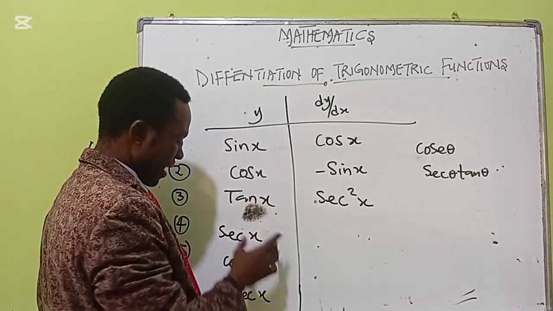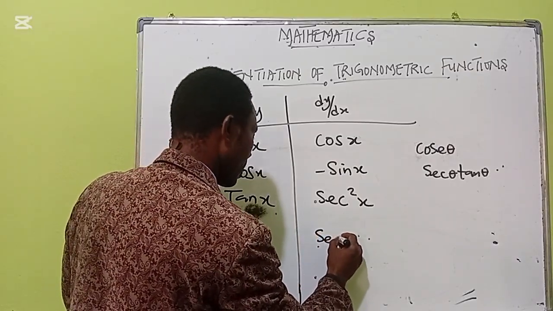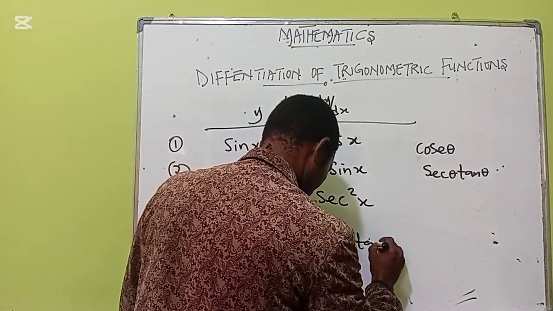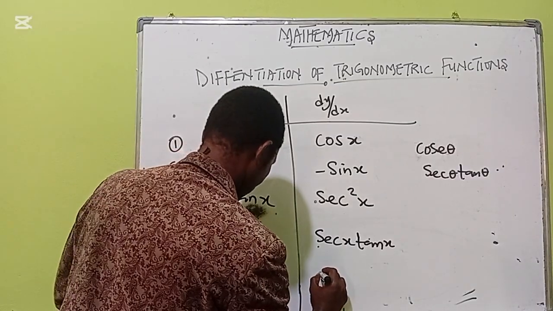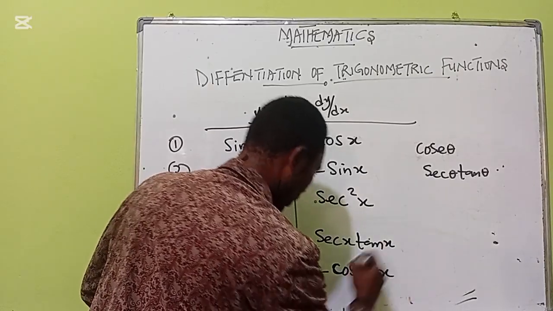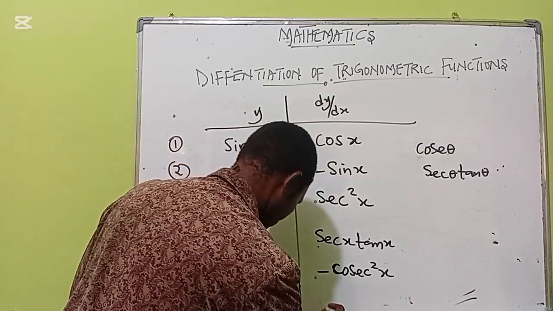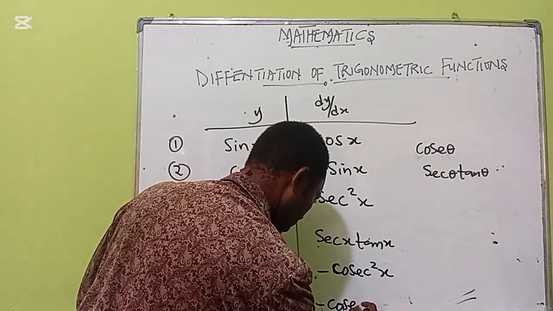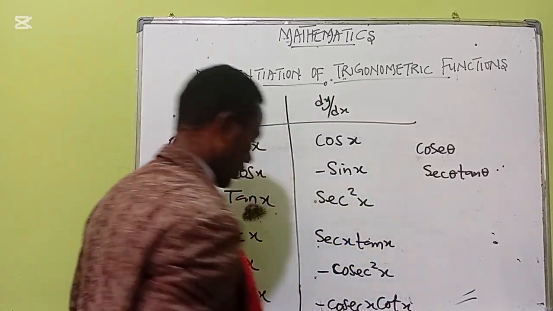Now sec x. When you differentiate sec x, you get sec x tan x. You differentiate cot x, you get minus cosec square x. Then you differentiate cosec x, you get minus cosec x cot x.